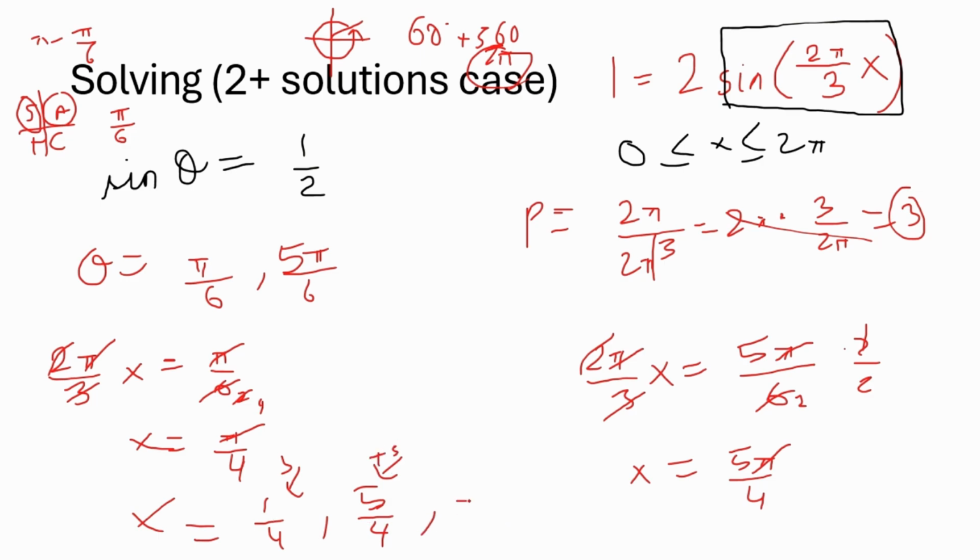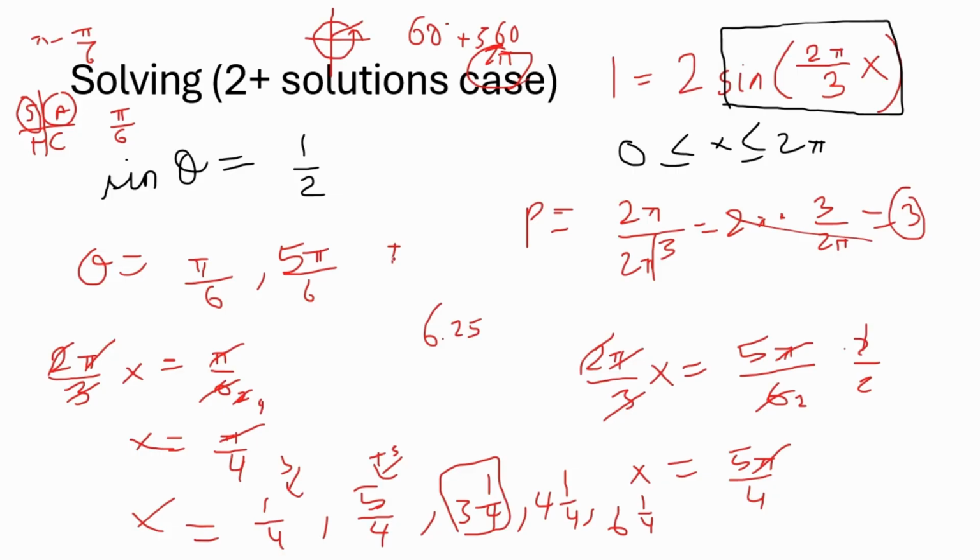So 3 plus 1/4 becomes 3 and 1/4. And then 5 by 4 plus 3 becomes 4 and 1/4. If we add a 3 to this again, we get 6 and 1/4, which is 6.25.